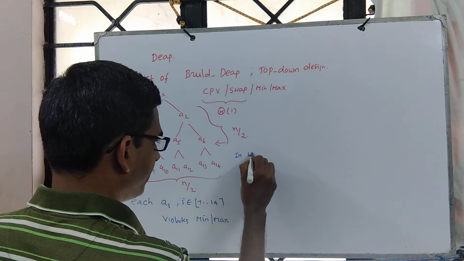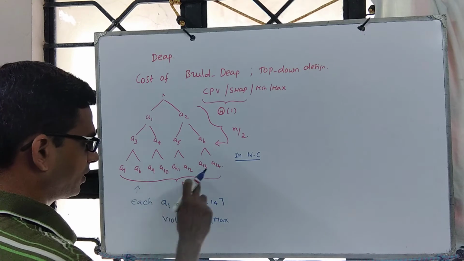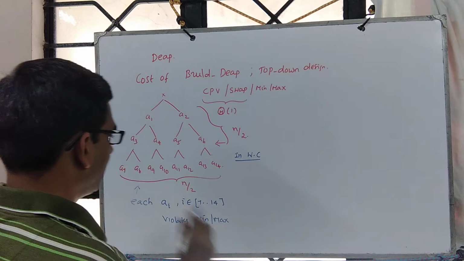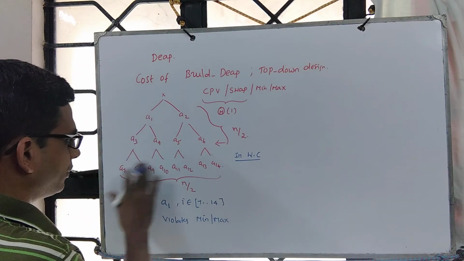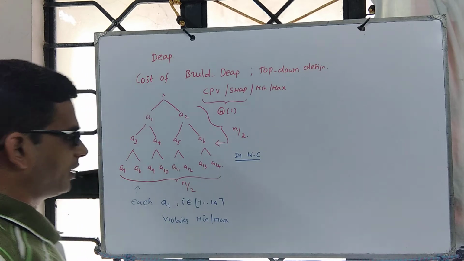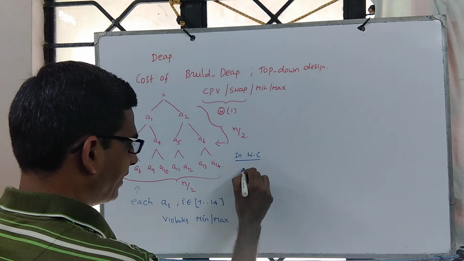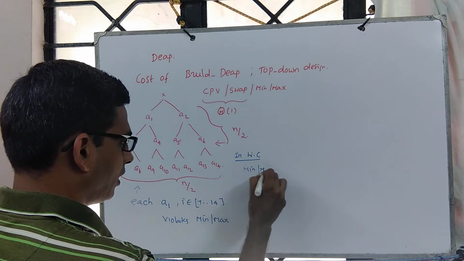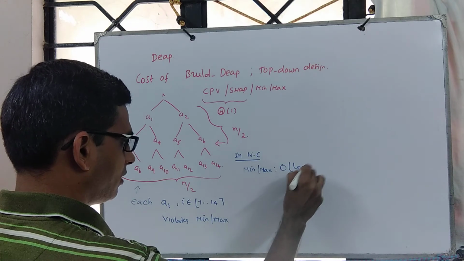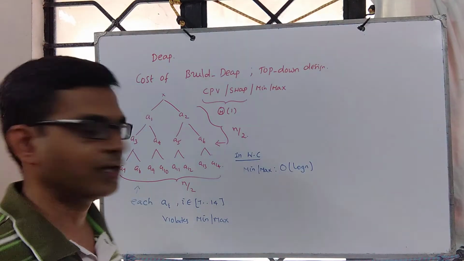So in the worst case scenario, each of these invokes min or max heapify, and now what is the cost to set right min, what is the cost to set right max, correct? So now we see that the cost to set right min or max is order log n, and there are instances where it is theta of log n.